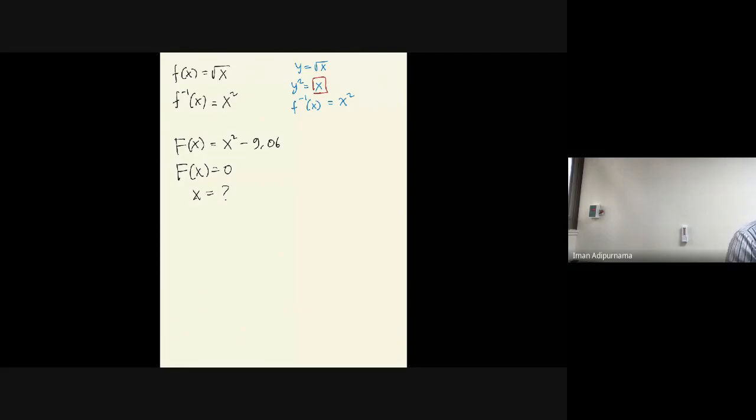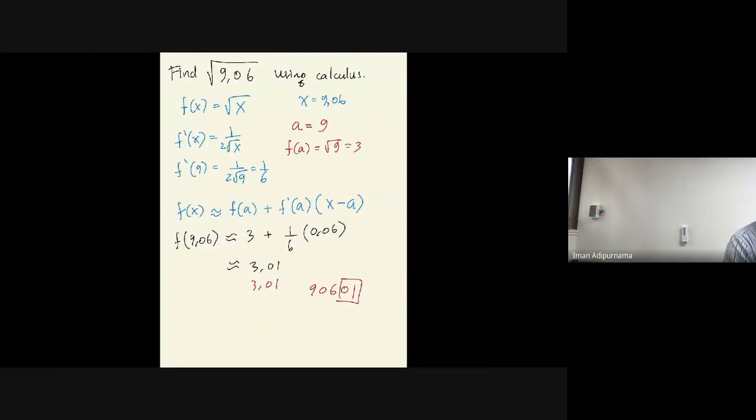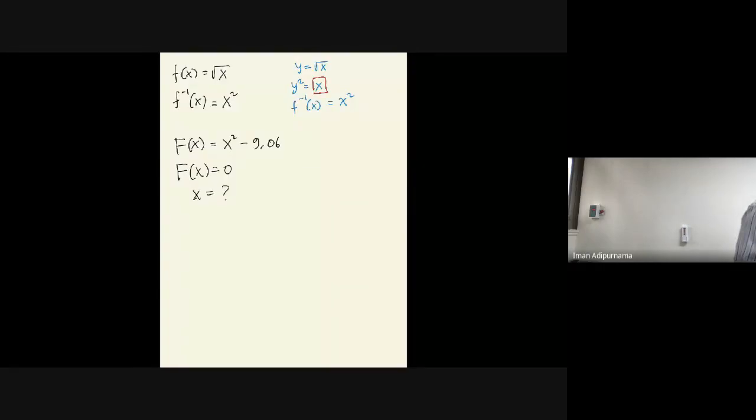Based on our findings from this method, let's just use the number from the linear. We are using a is 9, and when a is 9, the function is 3. So let's use 3 on the inverse one. Let's try using a is 3.